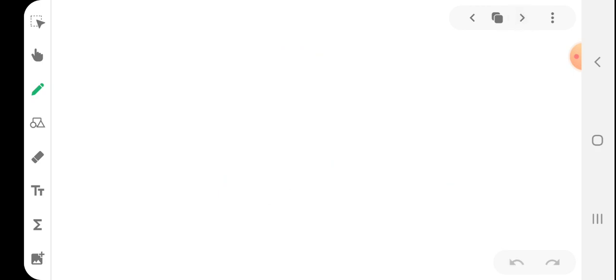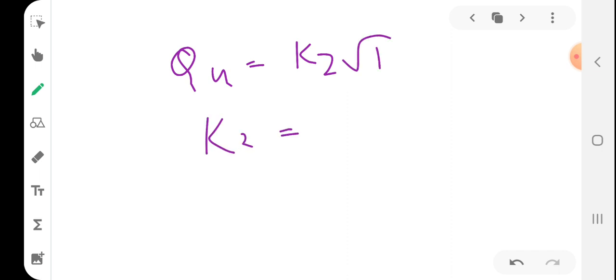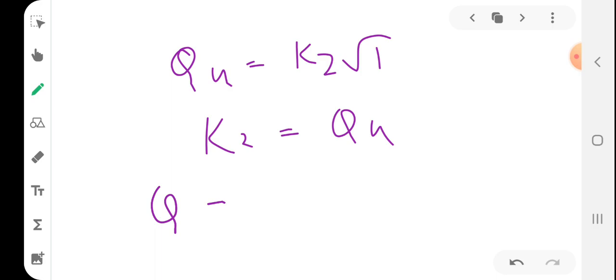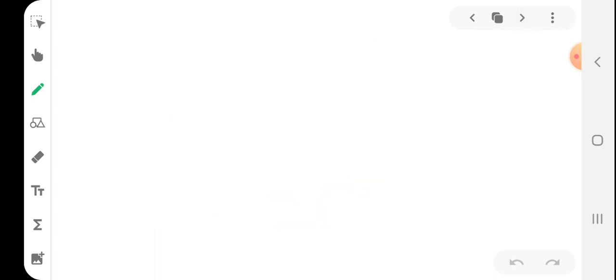So substituting this, Qu is equal to K2 root 1, so K2 is Qu. So Q is equal to Qu root h, or Qu can be written as Q by root h.